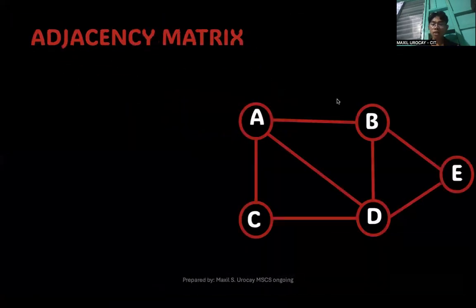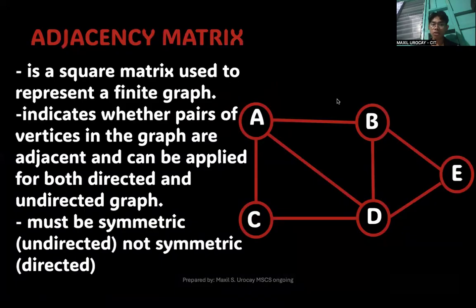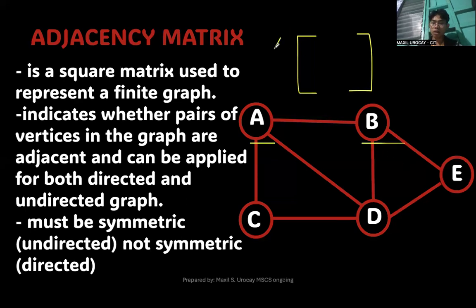When we say adjacency matrix, that is a square matrix used to represent a finite graph. When we say matrix, it is already a square, right? When we define matrix, that is something like that. Your nodes will be implemented in a column and in a row.